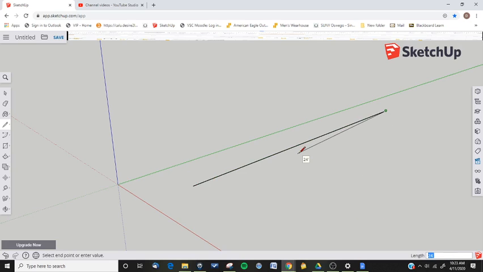So if I go 24 foot on that one, and don't forget, foot is designated by the apostrophe, and then inches are designated by the quotation marks. So 24 foot, I hit enter. That is a 24 foot long line from here to here.